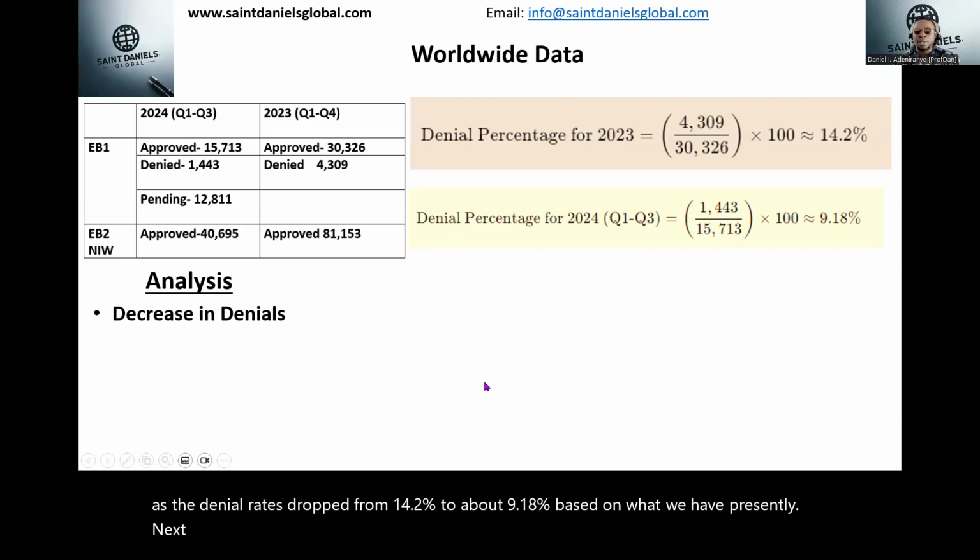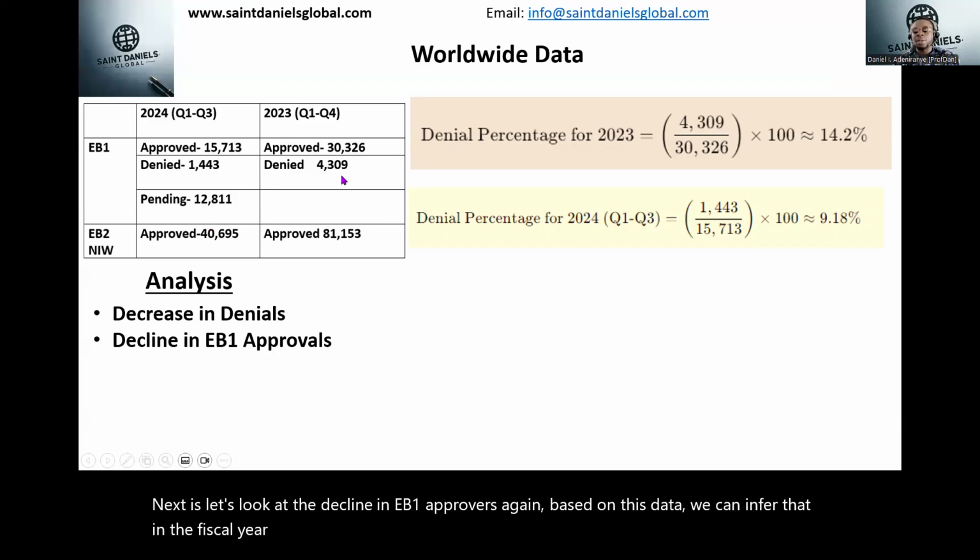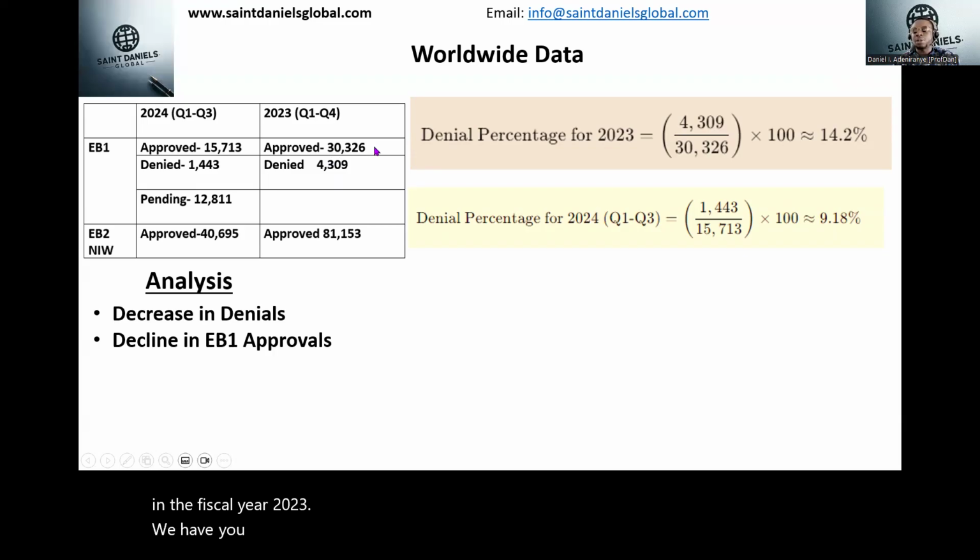Next, let's look at the decline in EB1 approvals. Again, based on this data, we can infer that in fiscal year 2023, we have 13,326 EB1 approvals.